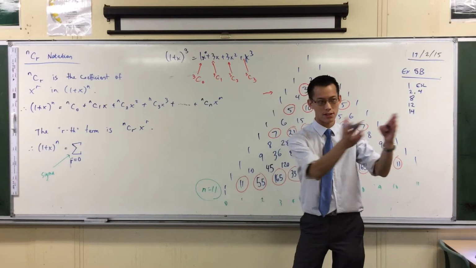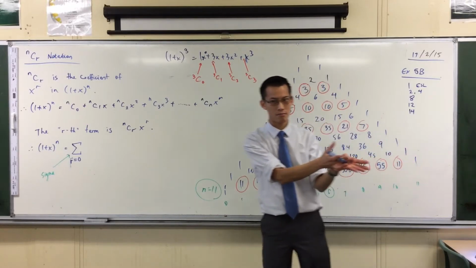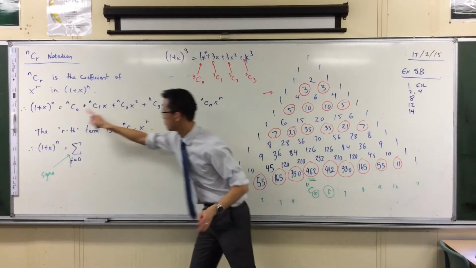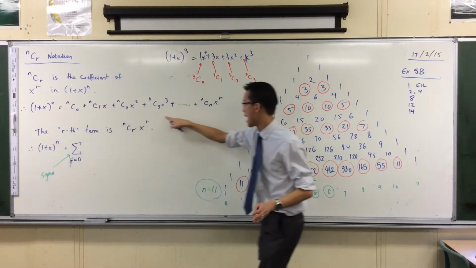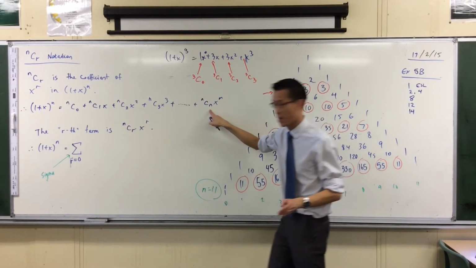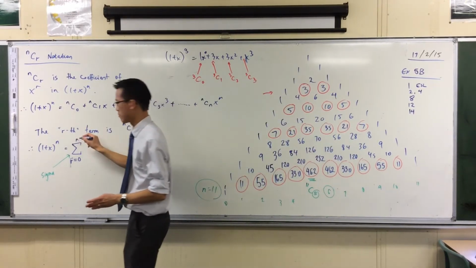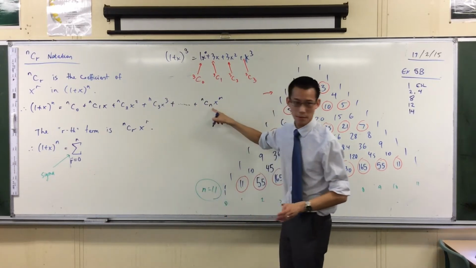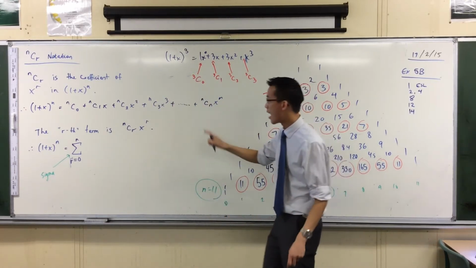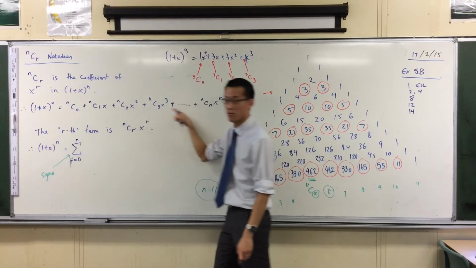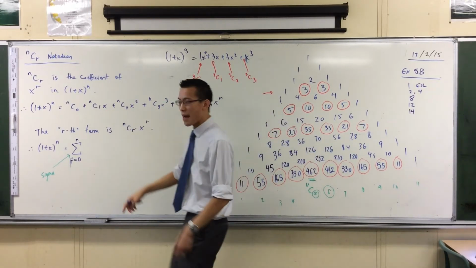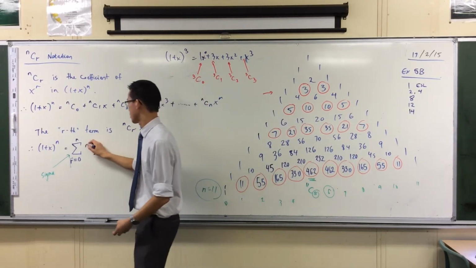What value did the last r term have? I start at 0 there, and then I end at n. That's my last value there for r. r is the number that's changing all the way through. So I'm adding up all of these terms.